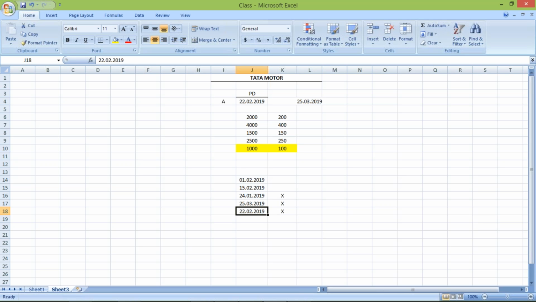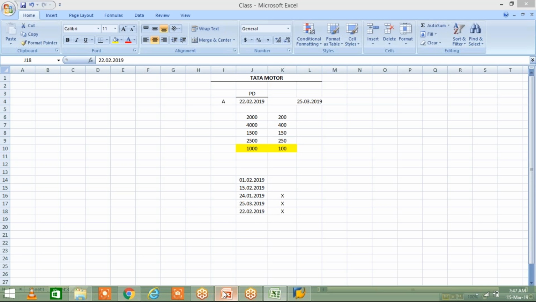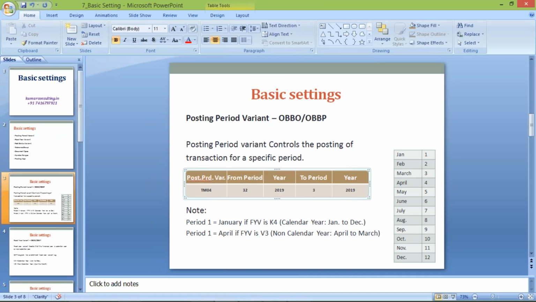Then whoever the manager is, they are going to give a big lecture, right? And then after, they will open the previous period, in the sense, February month they have opened. Okay, February month they have opened, and then what will happen, guys?